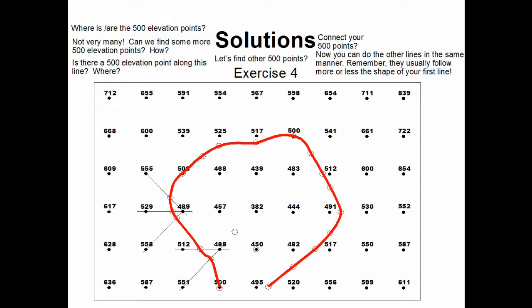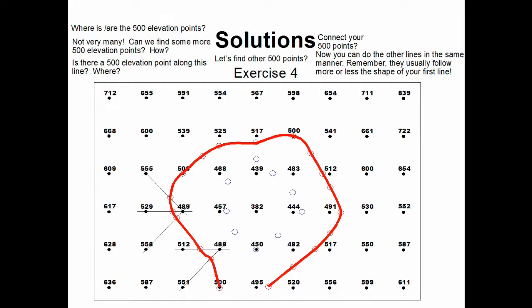What about 382 and 457? Well, you can see we're doing the same thing. We can continue doing so and get more 450 points. Here's one between 439 and 517, 439 and 483, and we will continue doing that.